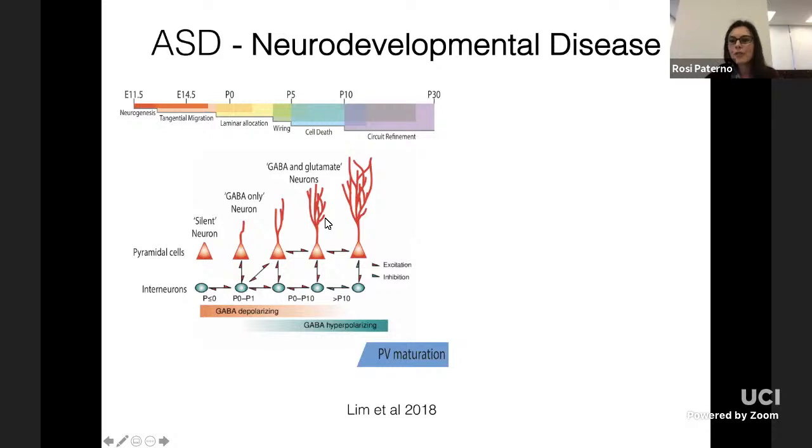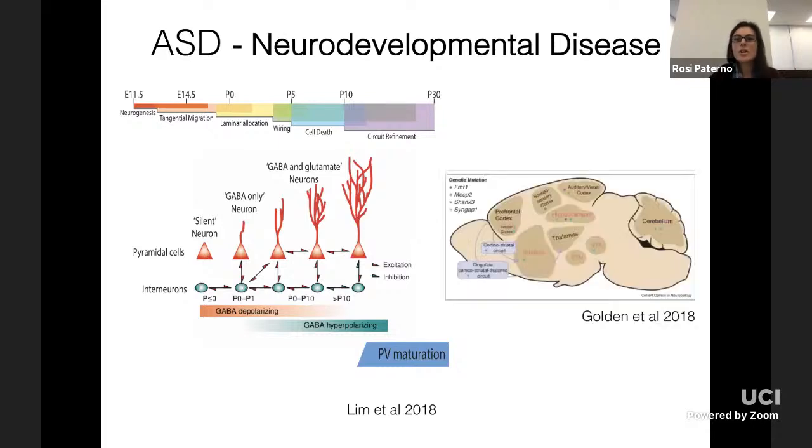So they have a fundamental role. And in particular for parvalbumin interneurons, which are a key player in this type of disease, we can see that their maturation is very slow. We have fully mature parvalbumin interneurons only at P30, a fully completed maturation. Given the fact that these interneurons are found throughout the brain, it's not surprising that different brain regions are involved in autism spectrum disorder.